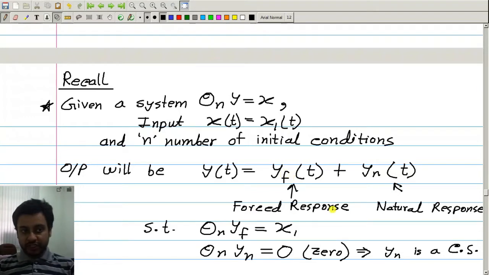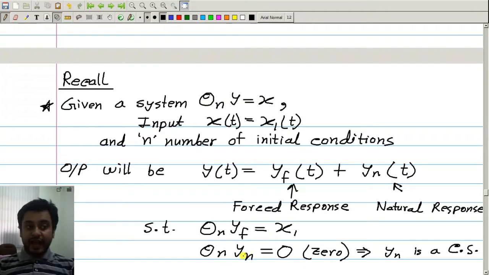One is forced response, another is the natural response, such that this forced response part will satisfy this equation with YF equal to input, and the natural response part will give YN equal to 0. That means YN is a complementary solution of the given differential equation.